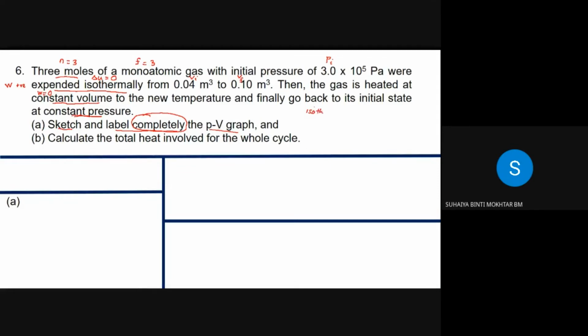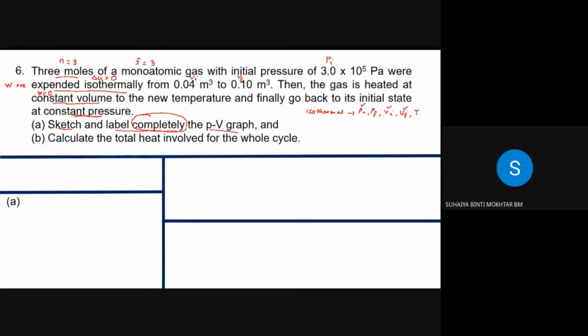So isothermal. We need P initial, P final, V initial and V final, and also T. Isothermal means constant T. So we have V initial, V final, and P initial, but we don't have P final and T, temperature.